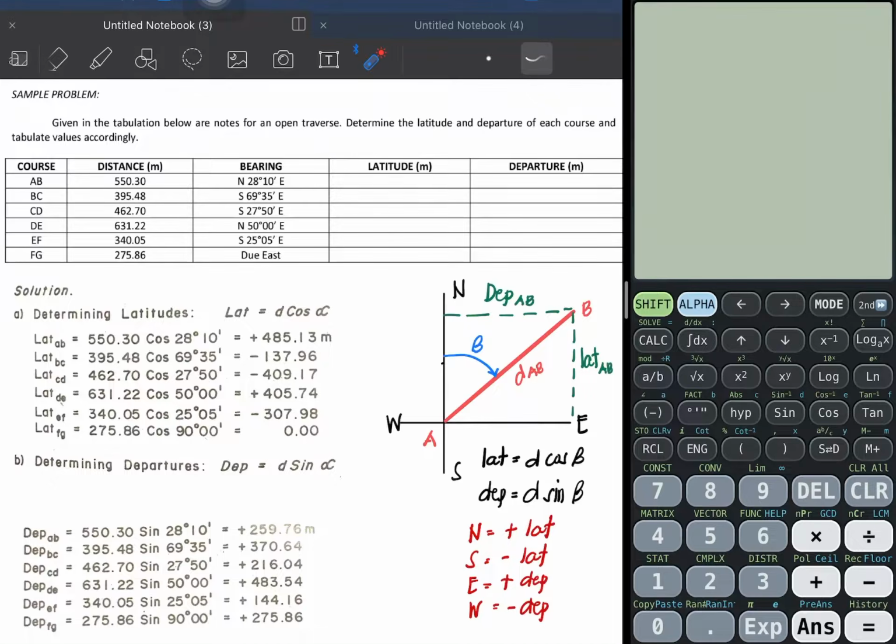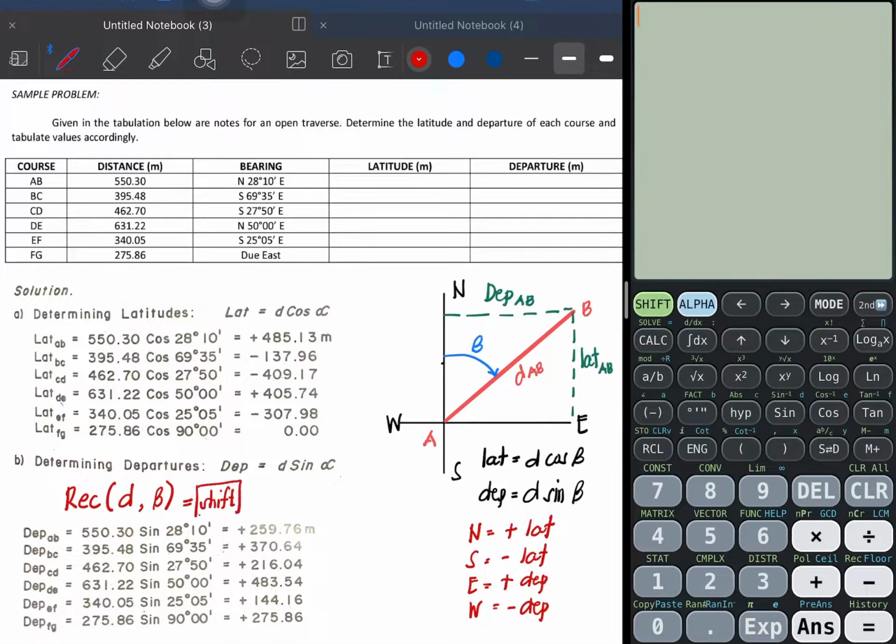There is another calculation. You can use the rectangular function in your calculator. Rectangular, then distance, comma, and then angle, close parenthesis.